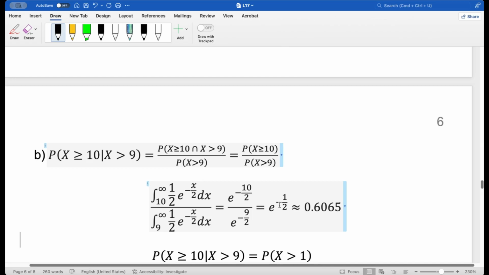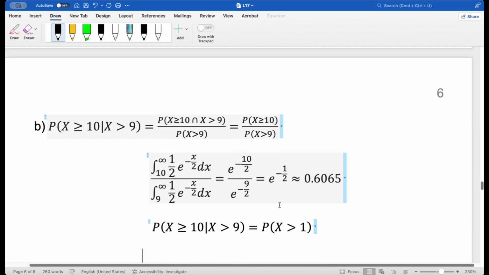So it's the same as saying the probability that x is greater than 1. This property is called memoryless, meaning that everything basically resets. The probability of lasting more than an additional hour is the same as being greater than 1.